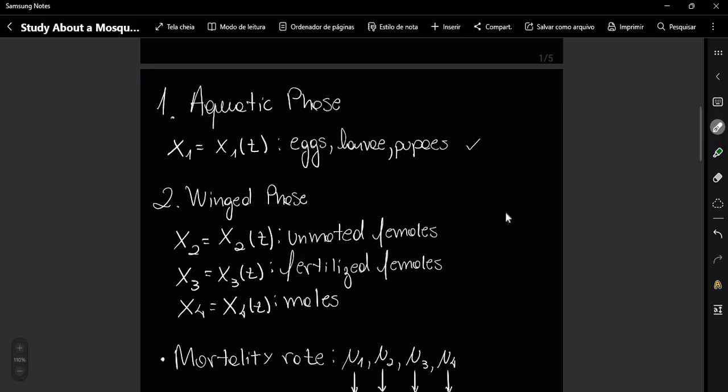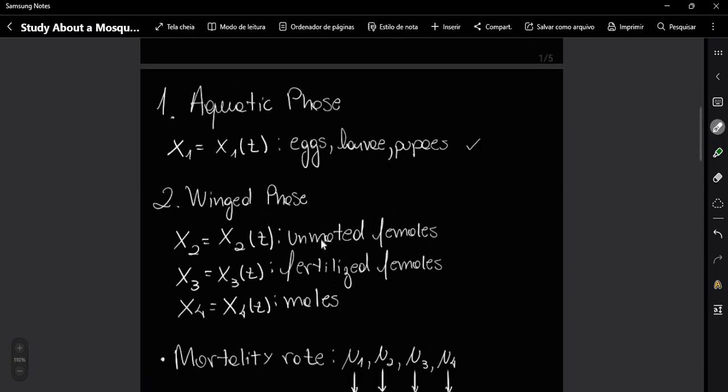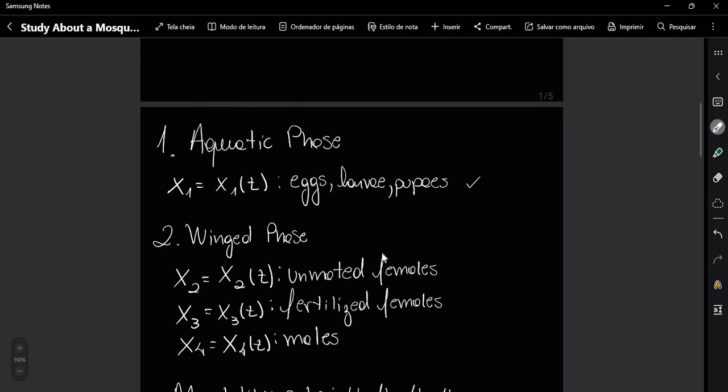I introduced the variables of the system. So we got x1, x2, x3, x4, and this is also divided into phases.